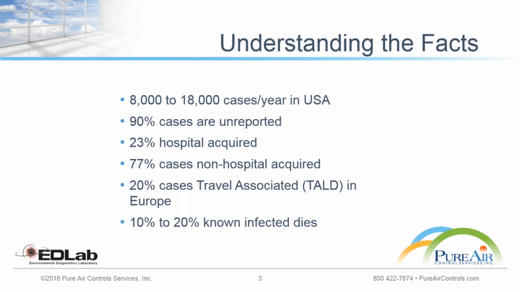I'm just going to give you some idea, not to scare, but to bring the factual statements about this bacteria. As you can see on this slide, about 8,000 to 18,000 cases per year are reported in the United States. I'm not including those cases which are not reported or documented anywhere. About 90% of cases go unreported because it is very hard to pinpoint that the symptom is from Legionella.